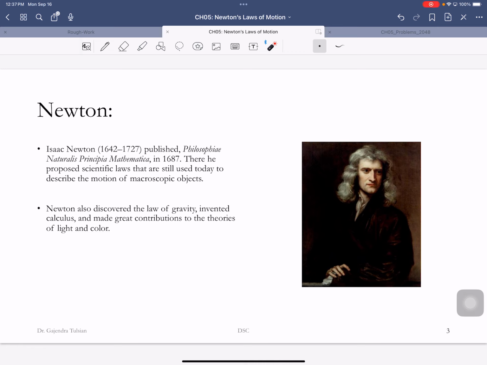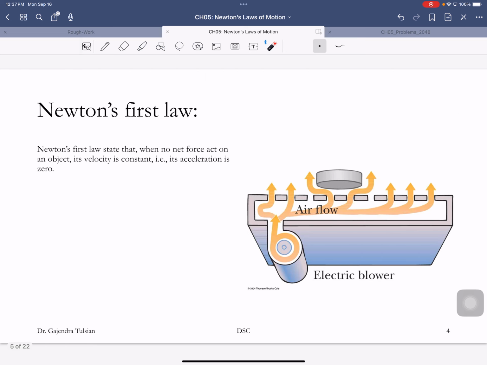Newton's laws apply to objects whose masses are, let's say, in the grams or kilograms. Newton also discovered the law of gravity, invented calculus, and made contributions in the theory of light. He did many very profound things.